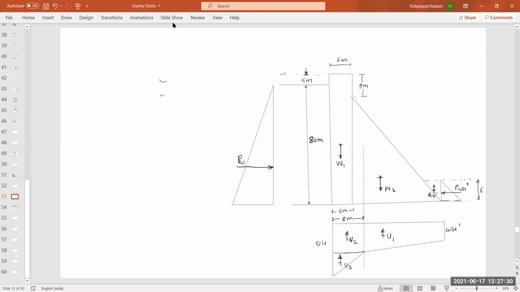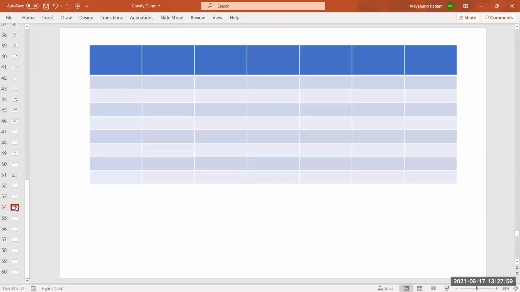So these forces we have to consider: uplift pressure U1, U2, U3, then self-weight W1 and W2. After that, the weight of water on the downstream face, let us say this as PWV. Now we have to find out all these forces, so now we will write all these forces in a table format. This is the table format.